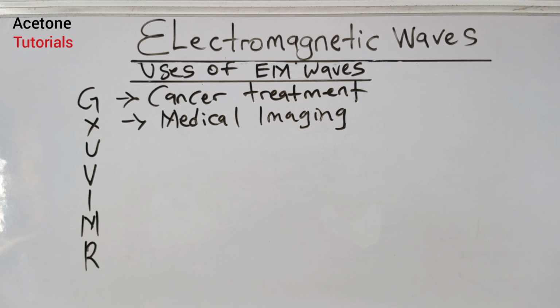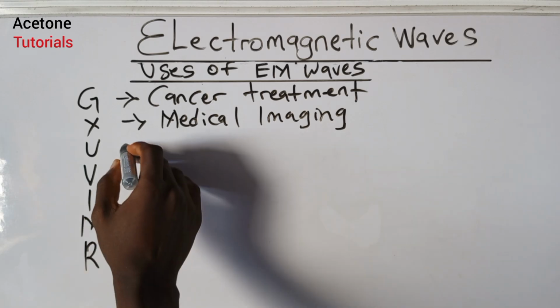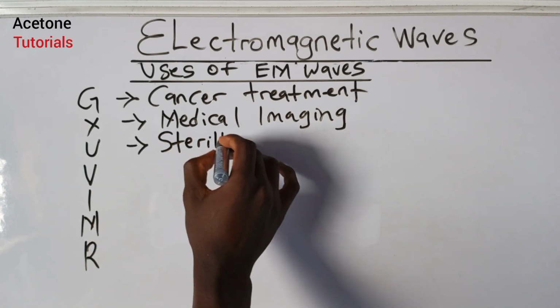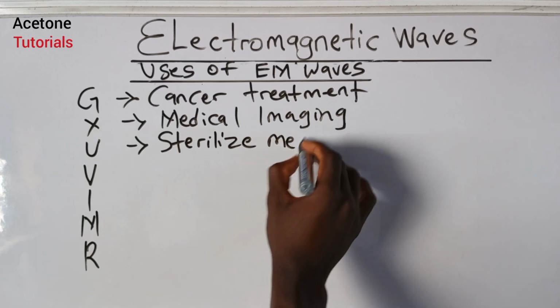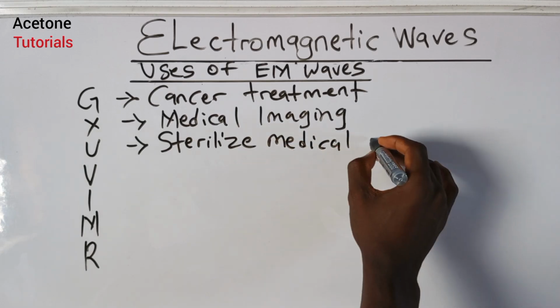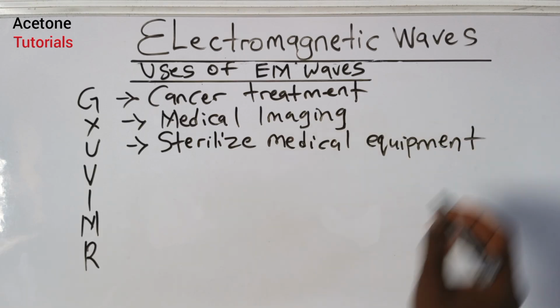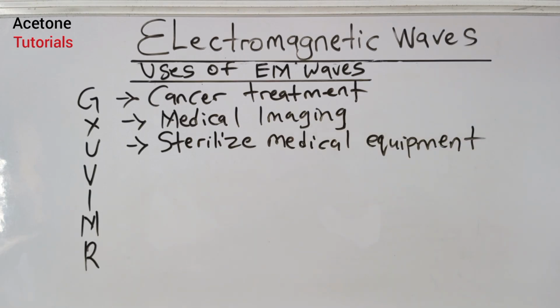For ultraviolet, it is used to sterilize medical equipment. For visible light, which is the light you can see, it is used for illumination.